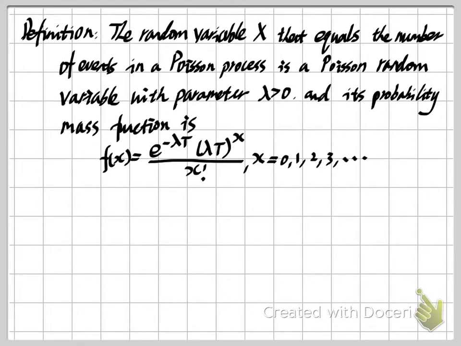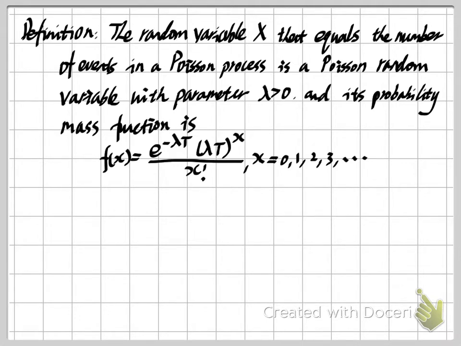In the numerator, this is exponential to negative lambda times capital T, times lambda times T to the power x, divided by x factorial. So this is the PMF of our Poisson random variable. Of course, if capital T is equal to 1, then this equation becomes much shorter. We just plug in capital T equal to 1, and the equation will be simple.